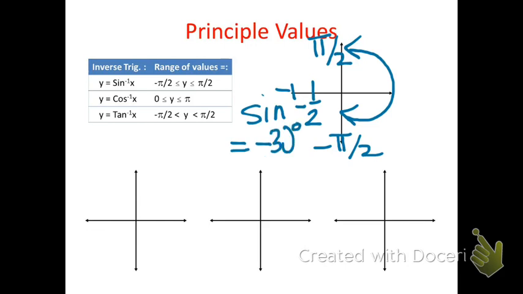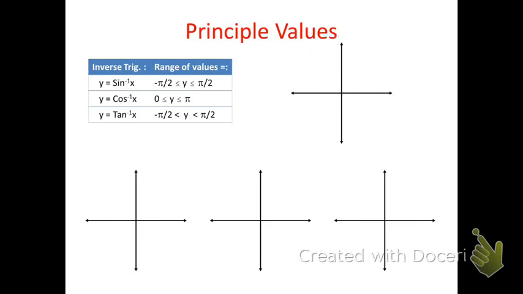It would give me an answer that is down here, where your sine is negative. Okay? So we have that the inverse sine will come from negative pi over 2 to pi over 2.